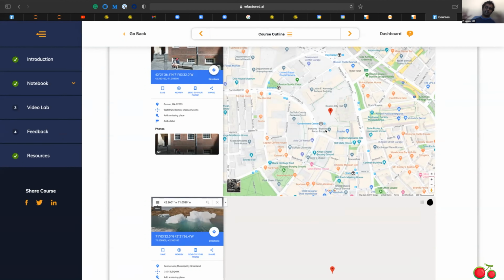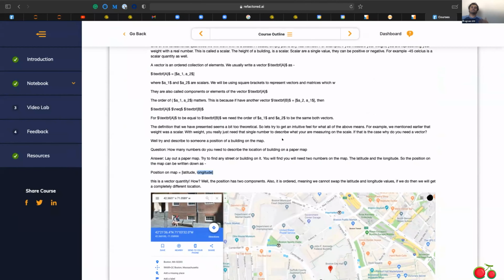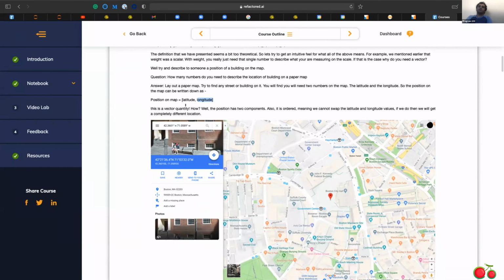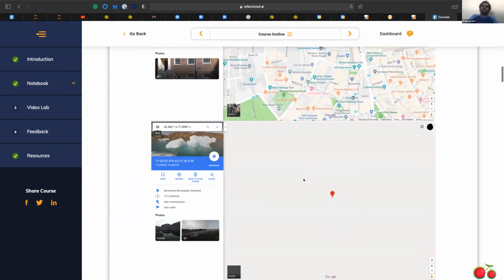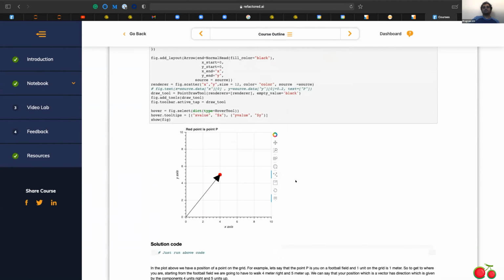That's why it's okay to add latitude and longitudes if you're doing something on a local level, but it's not okay to do any kind of addition between continents, because your curvature becomes important, right? So basically any kind of position on a map is an example of a vector, because you have magnitude, you have direction.